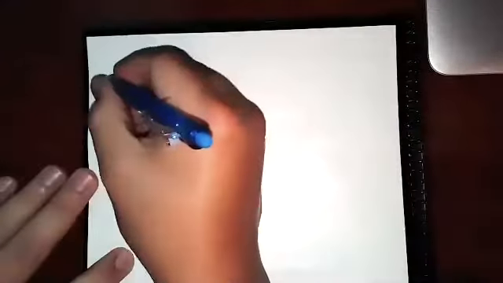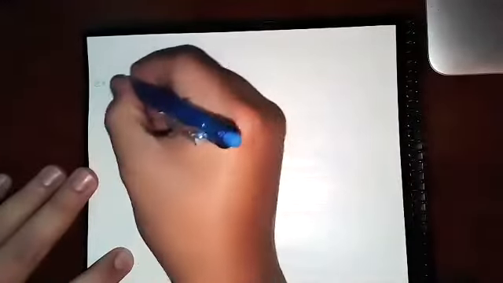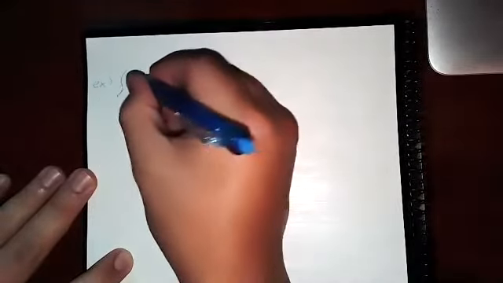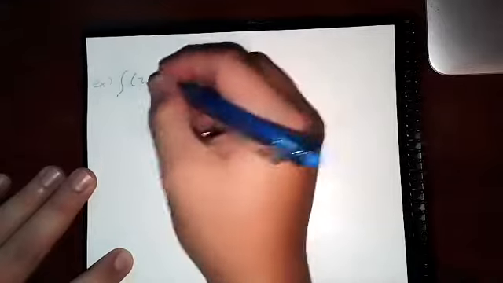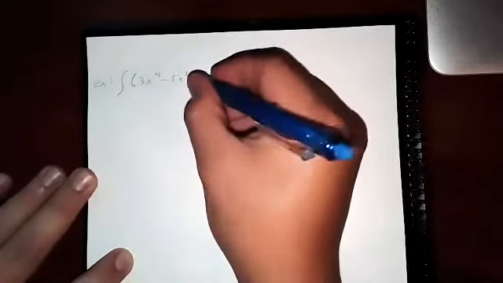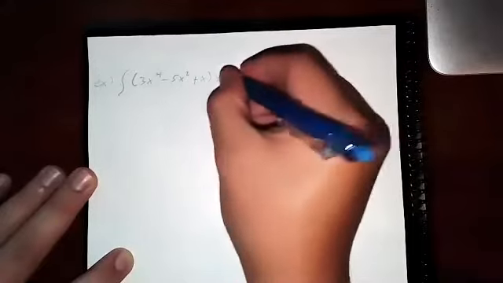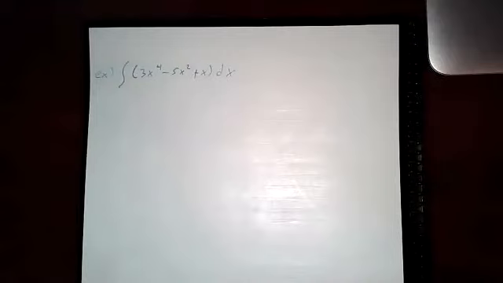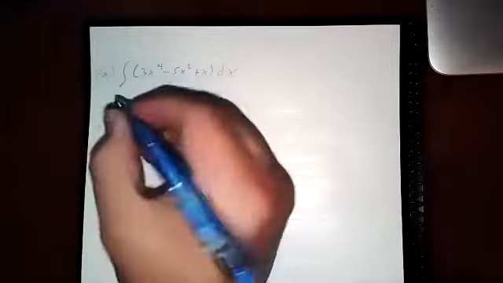Let's do some more complicated questions. So the integral of, let's say, 3x to the 4th minus 5x squared plus x dx. How would you approach this? Just split it into 3 integrals. Yeah, we've got to split it, right?